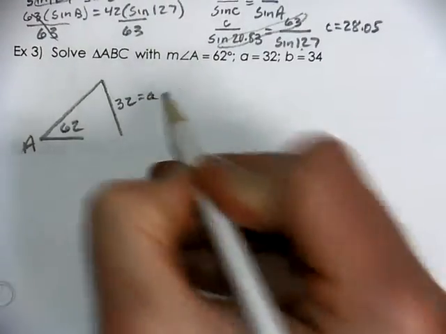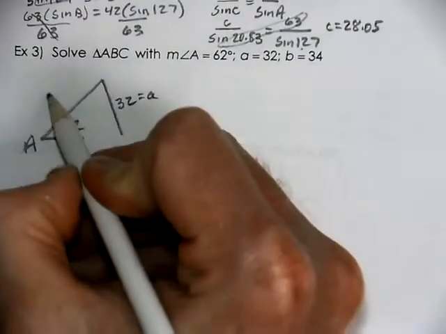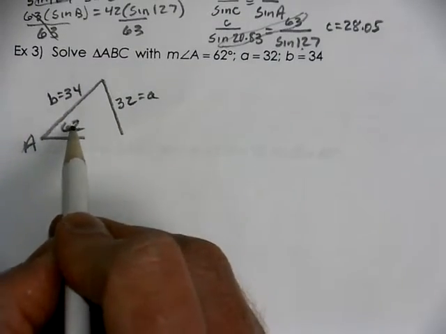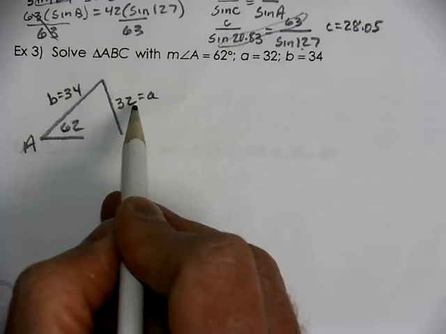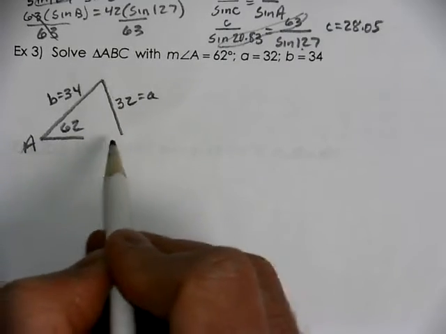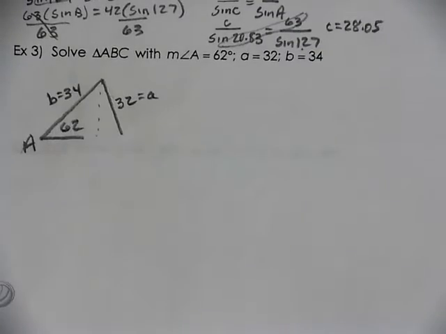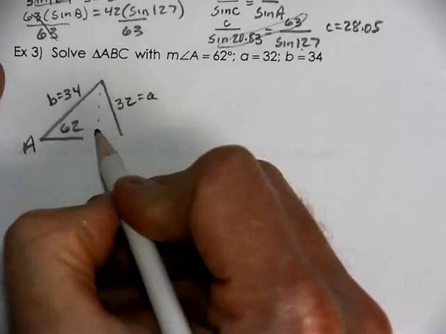And that's side A. Side B is 34. And remember, we always do it in the order of angle, side, and side. We don't want to put the sides down here because then we don't know about the height. The height, we typically want it to be straight up and down.